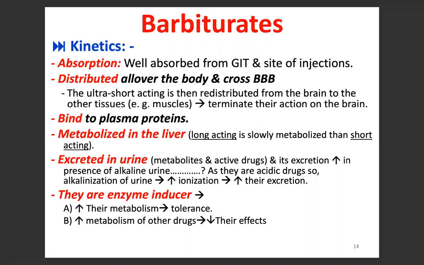increasing their own metabolism and the metabolism of other drugs. If the enzyme inducer increases the metabolism of other drugs, what happens? The excretion rate is increased, and the peak plasma level required for the pharmacological action is not achieved, so it will decrease their effect.